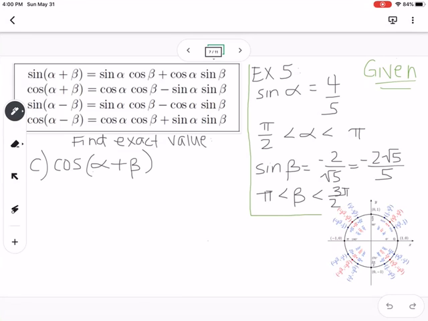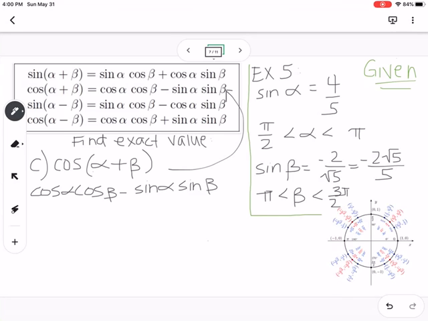Okay, so they want us to find the cosine of alpha plus beta. We're going to use this formula, and let me just set this up. It's going to look like this: cosine of alpha, cosine of beta, minus sine alpha, sine beta.